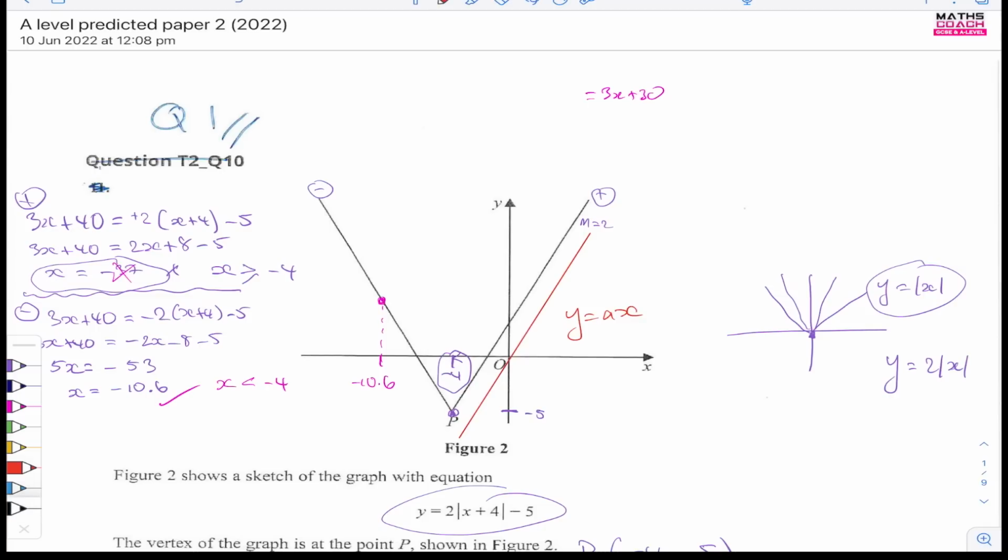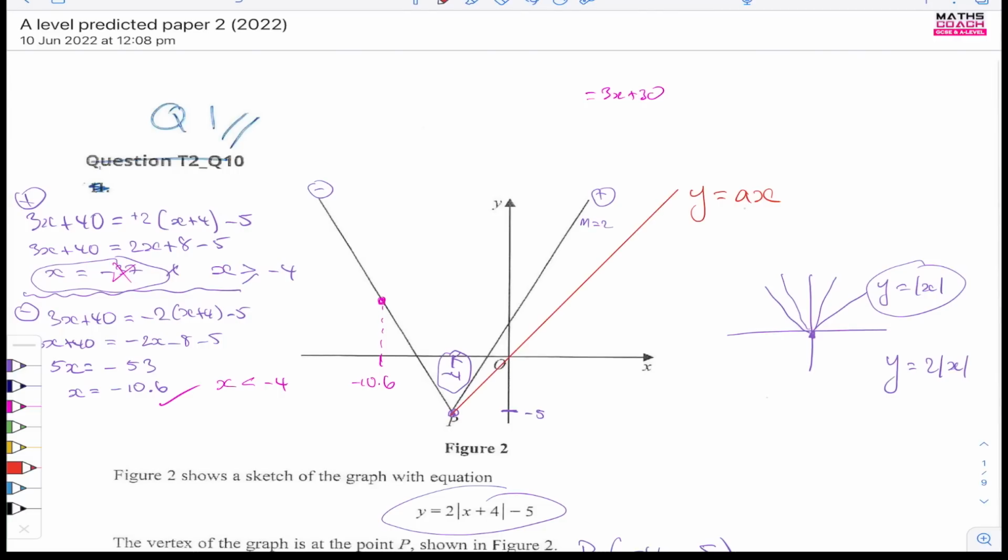So let's start from the point where it touches the modulus graph at point P.